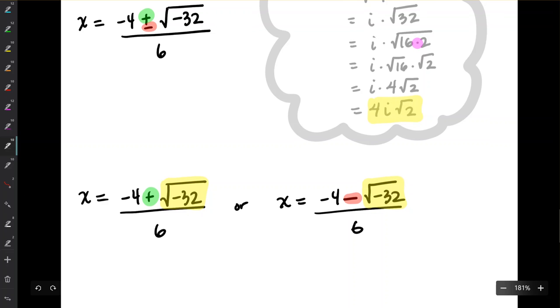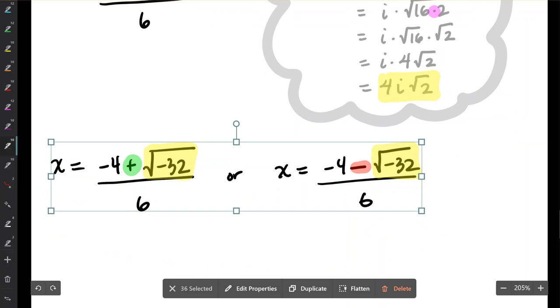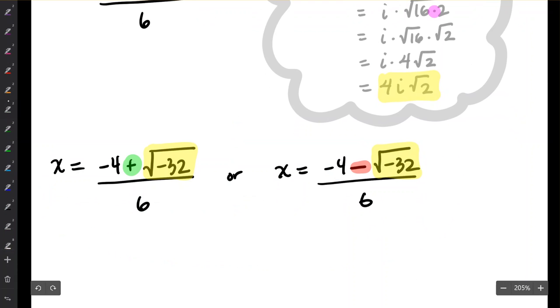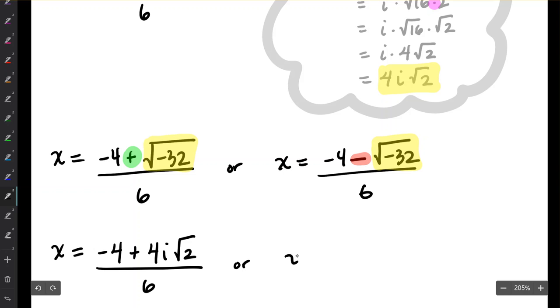Okay, so here we have it. I'm now going to put in what the square root of -32 is. It is 4i times the square root of 2.